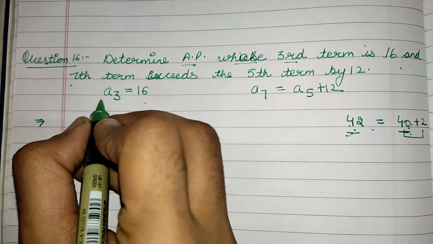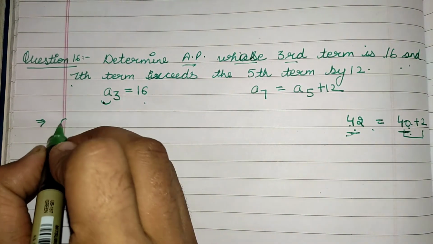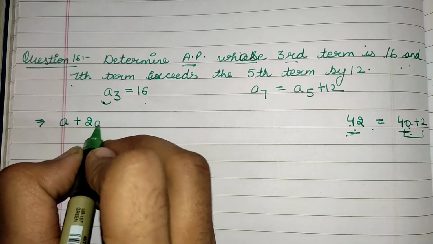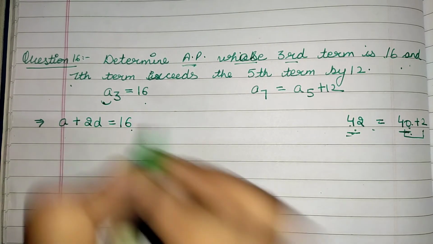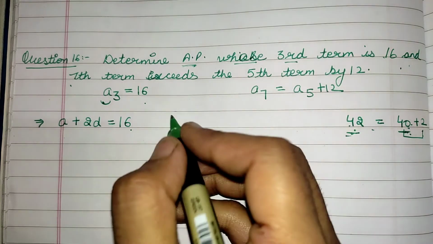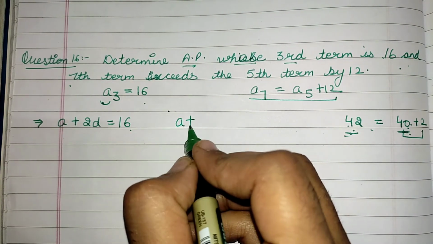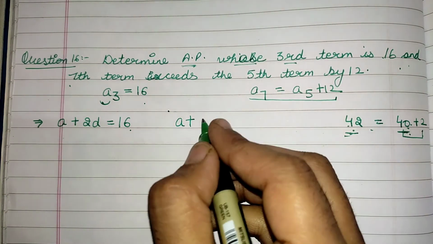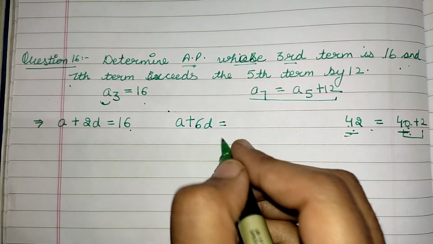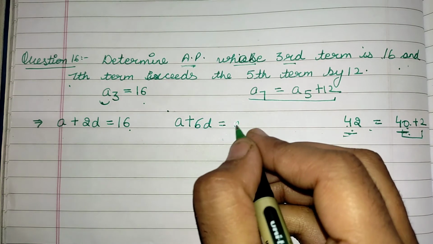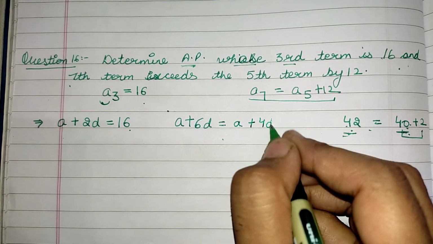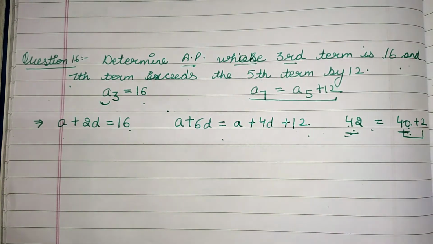Using the general formula of AP, A3 is A plus 2D, which is equal to 16. Now A7 is equal to A plus 6D, and A5 is A plus 4D, plus 12.